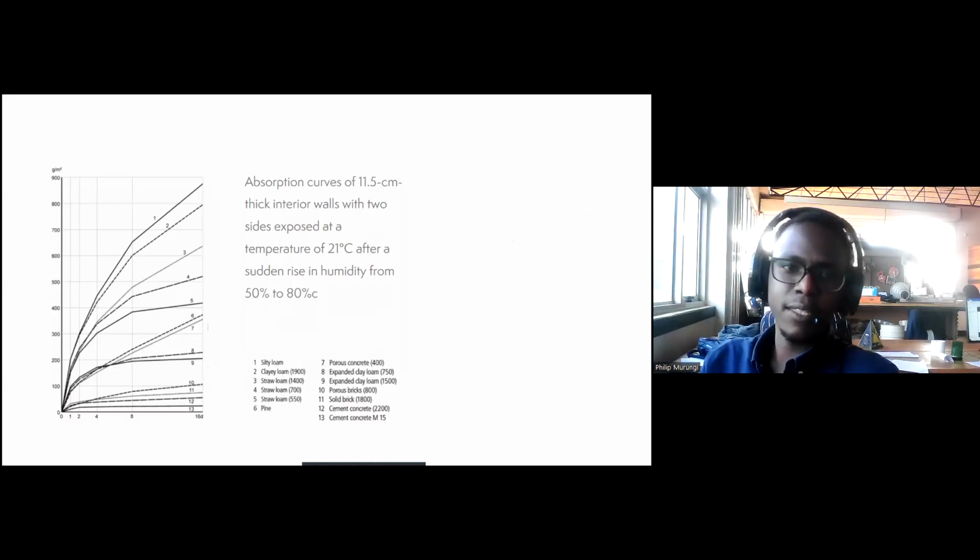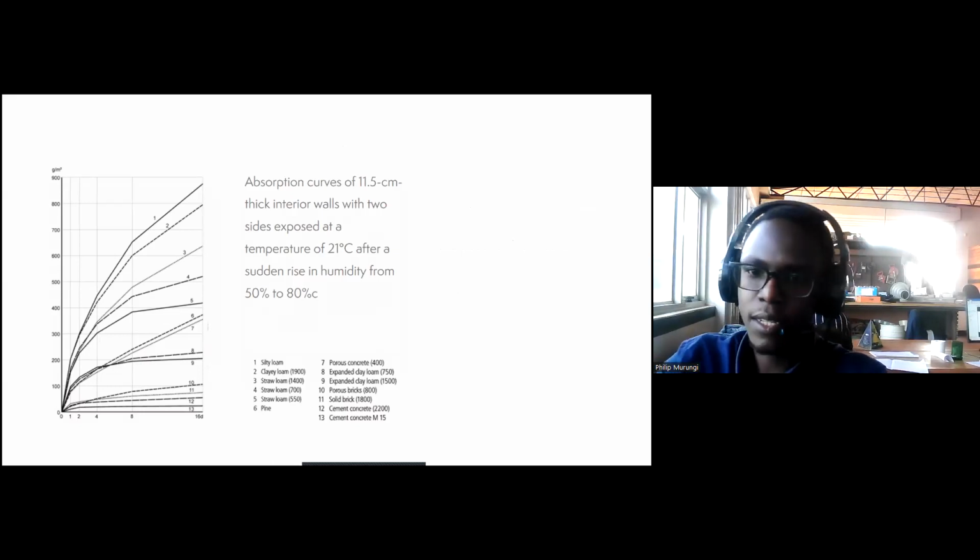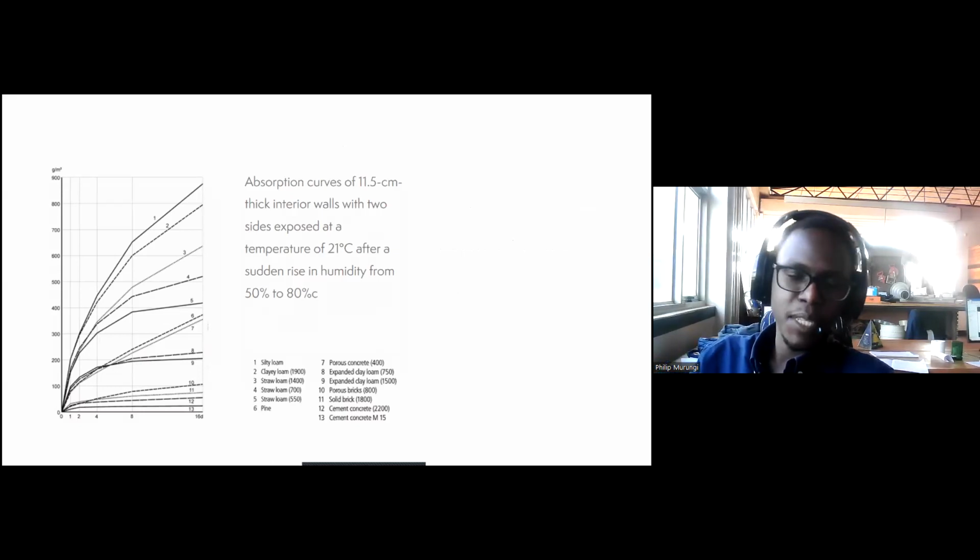Now let's take this observation and spread it over 16 days, and you can see what the effect looks like. In this graph you can see different materials, and in brackets their densities. Class 15 concrete is right at the bottom, and normal cement concrete, 220, those are cement blocks, also at the bottom.